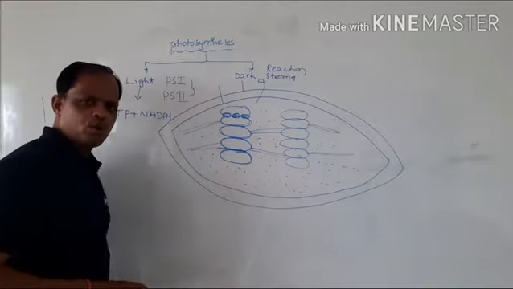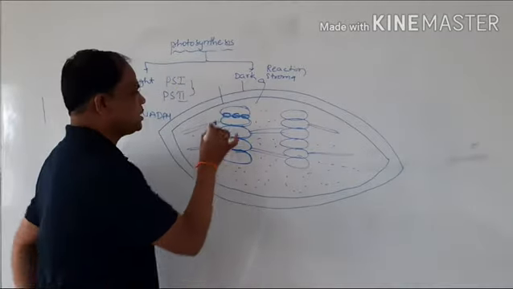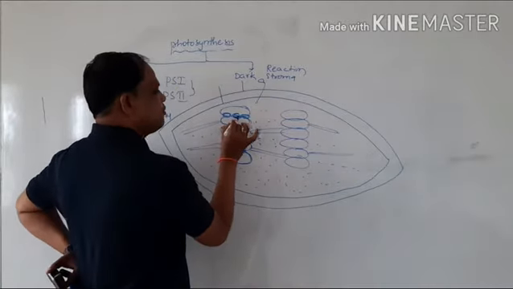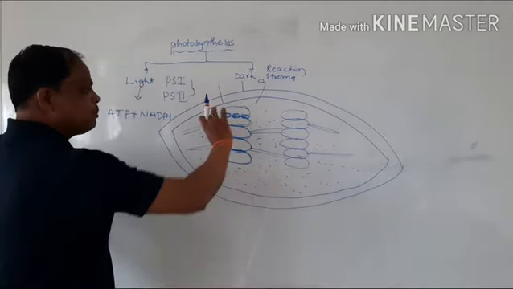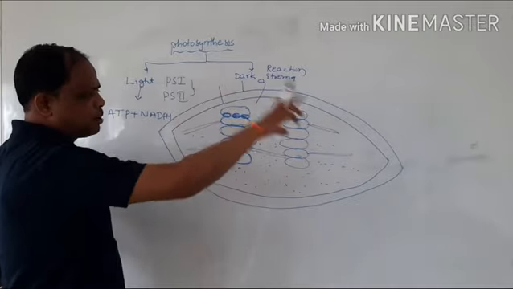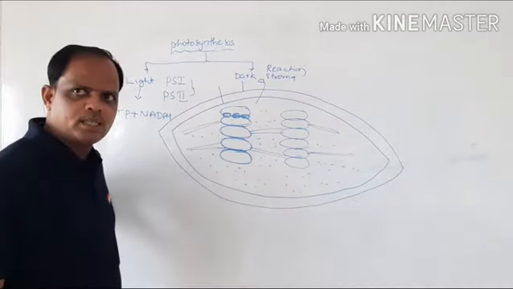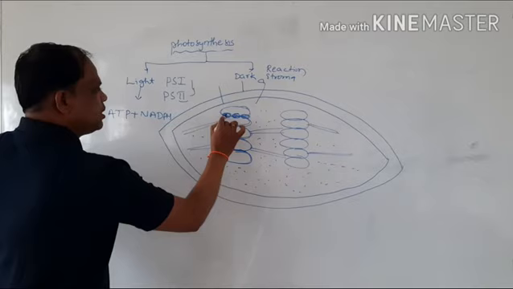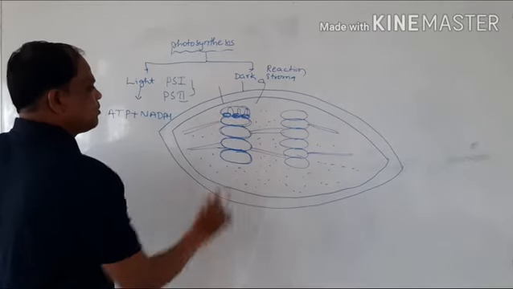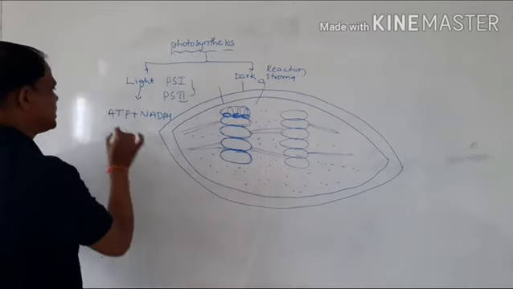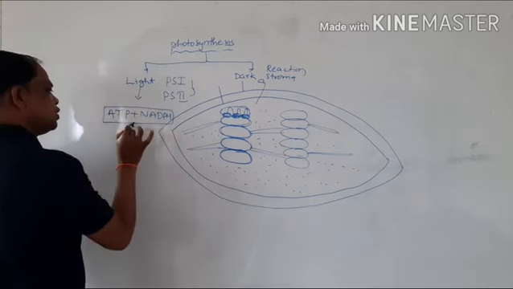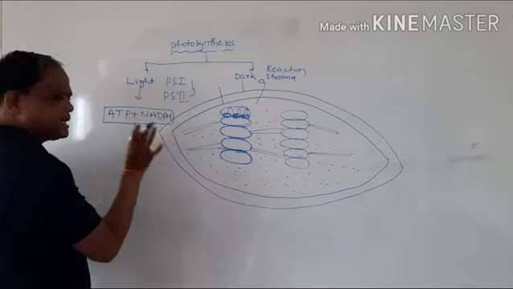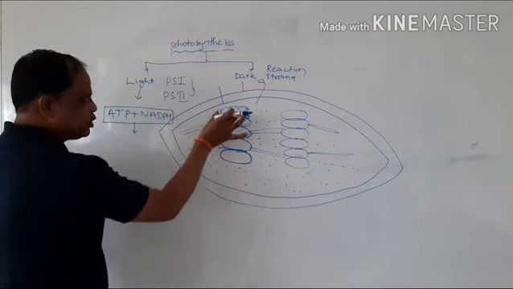These are present on the membrane system of the chloroplast thylakoids, and here in the process a number of electron transport processes are completed. Then the final products are ATP and NADPH. Both of these energies are released in the light reaction.